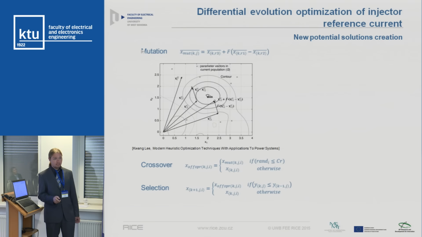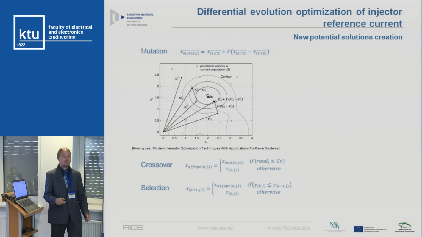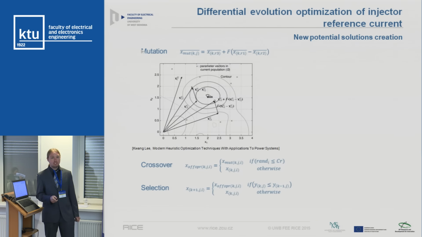This is how the crossover looks like: we select only some thetas which will be changed with the previous population.